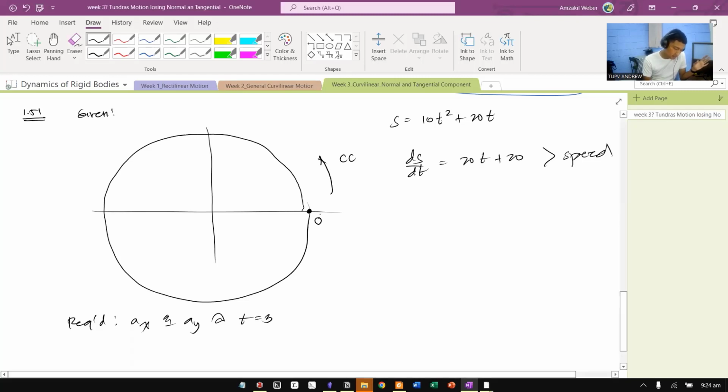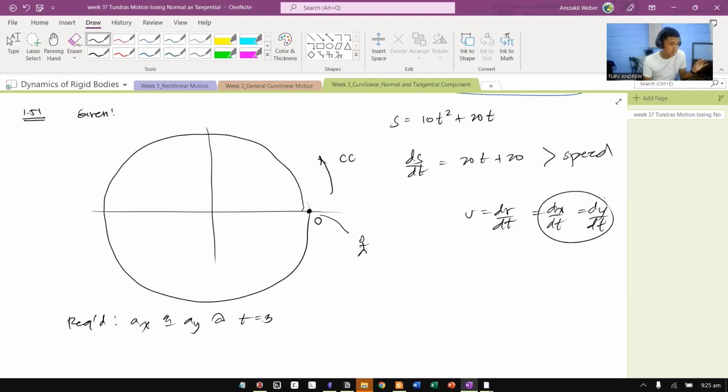If you bend it straight, then there is no difference between ds/dt and dx/dt or dy/dt velocity, because by definition x is straight and y is straight, projections of position R on x and y.